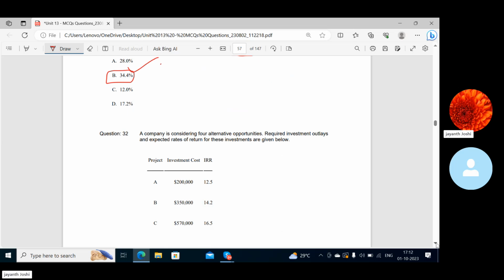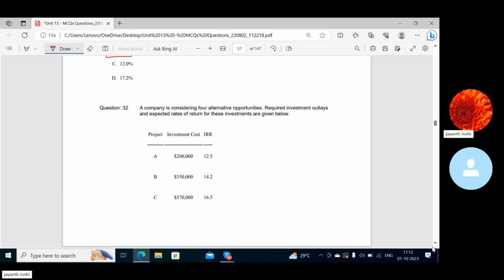Go for the next question. The next question is the company is considering 4 alternative opportunities. Required investment outlays and expected rates of return for these investments are given below.